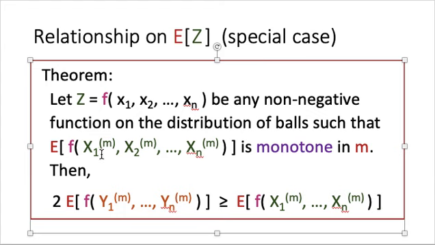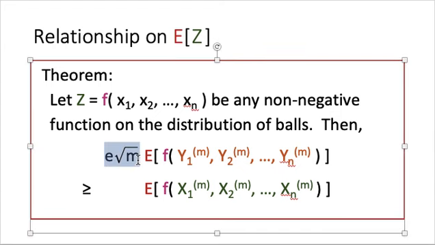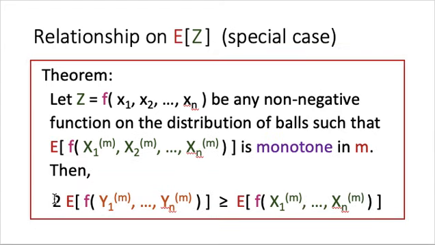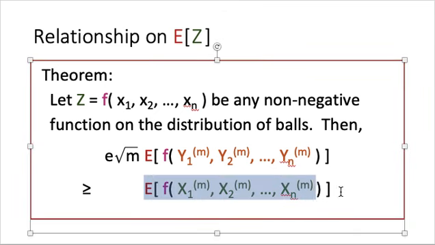Now, when the expected value is monotone, we can replace this term e square root m by the term 2, so that the two bounds are closer to each other. The purpose of having this relationship is very good, because the expected value in the exact case, because of the dependency of balls, is difficult to analyze.